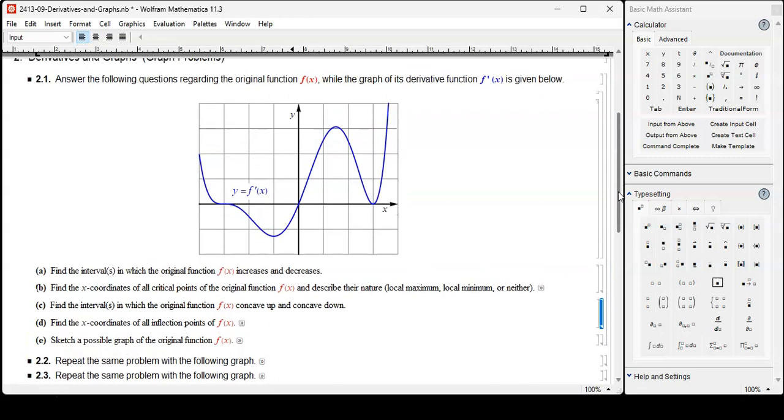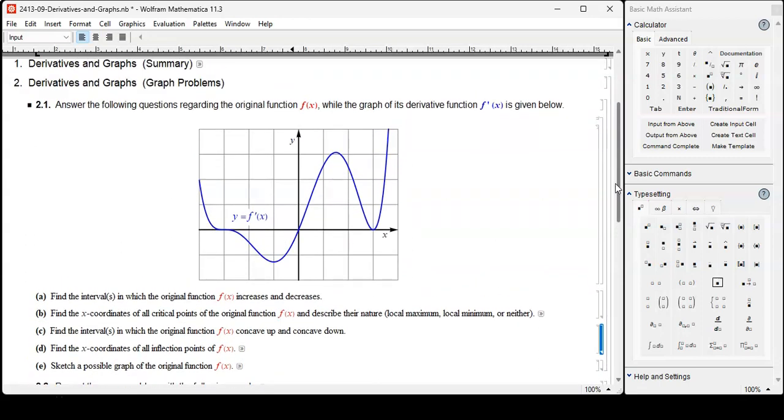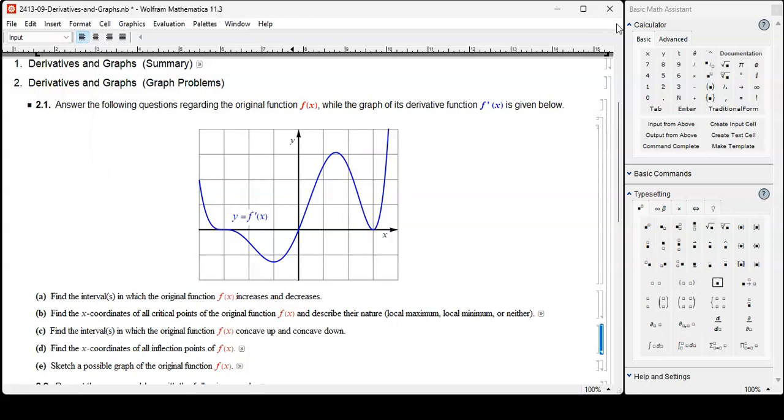Okay, now sketch a possible graph of the original function. Okay, all right. So it goes kind of like this. As we did in parts A and B, increasing, decreasing, increasing, pause, keep on increasing.